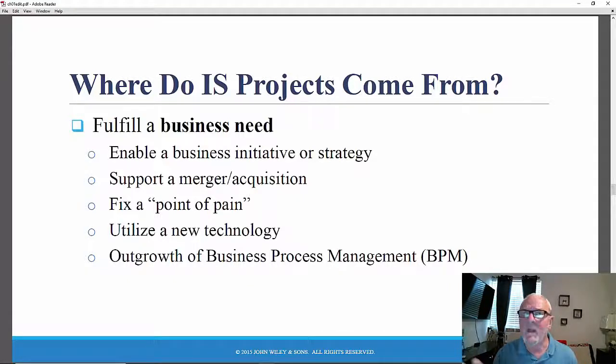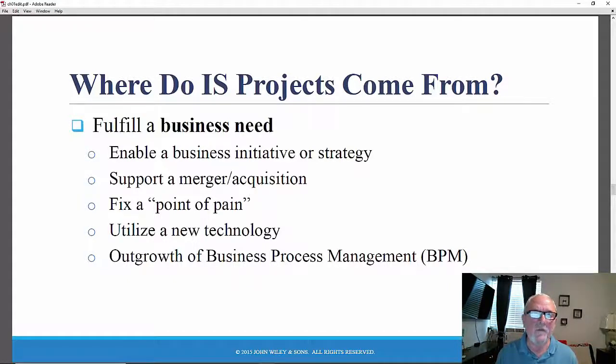You don't select an information system development project out of a hat. It should somehow help the organization move towards its written objectives and strategy.